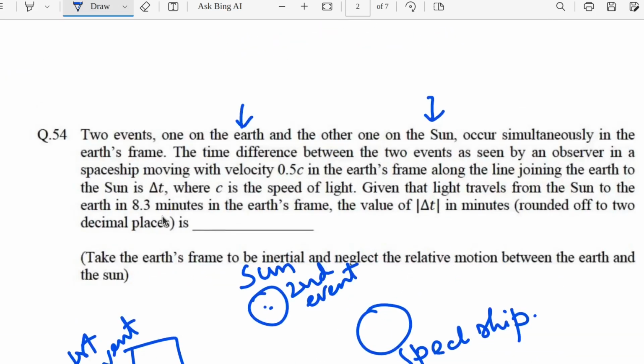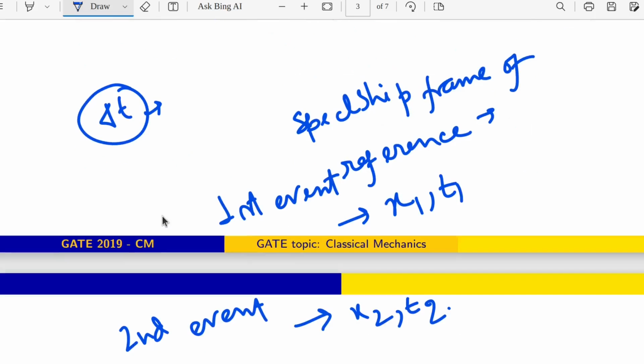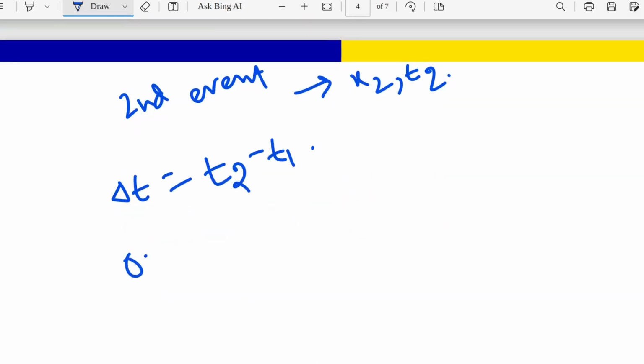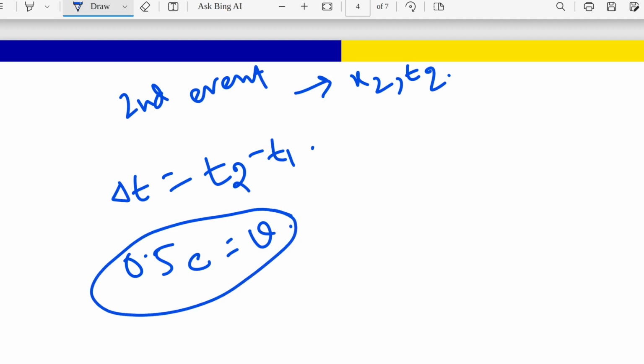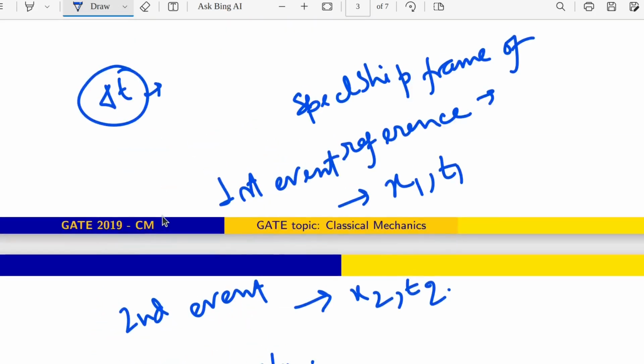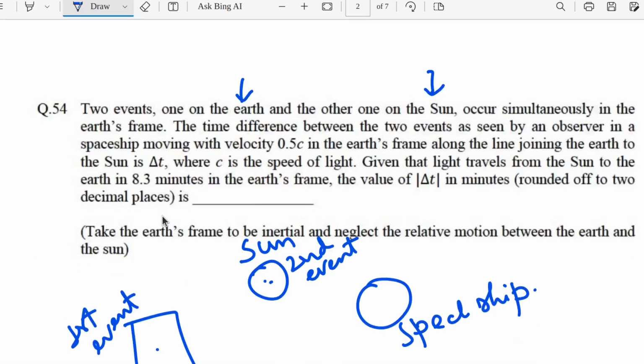There is one more piece of information given: the velocity v will be 0.5 times c. Another piece of information is that light travels from the sun to the earth in 8.3 minutes in the earth's frame.